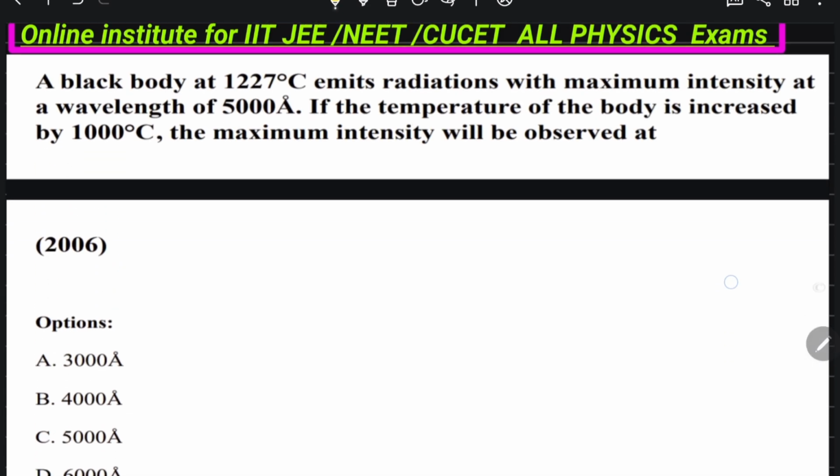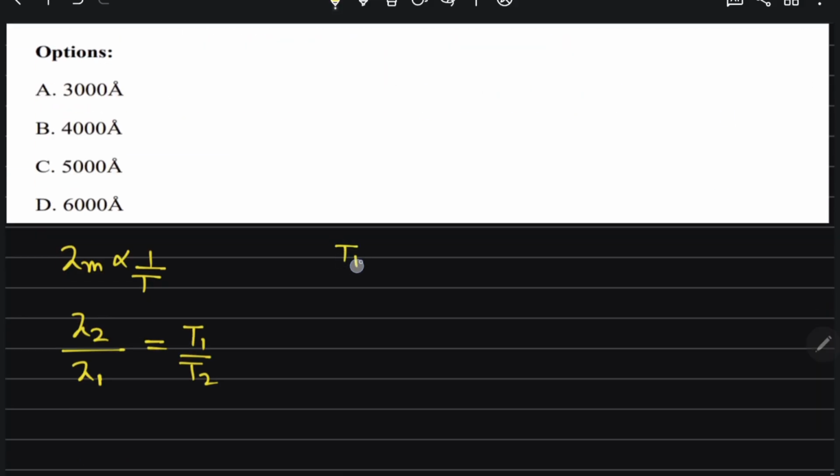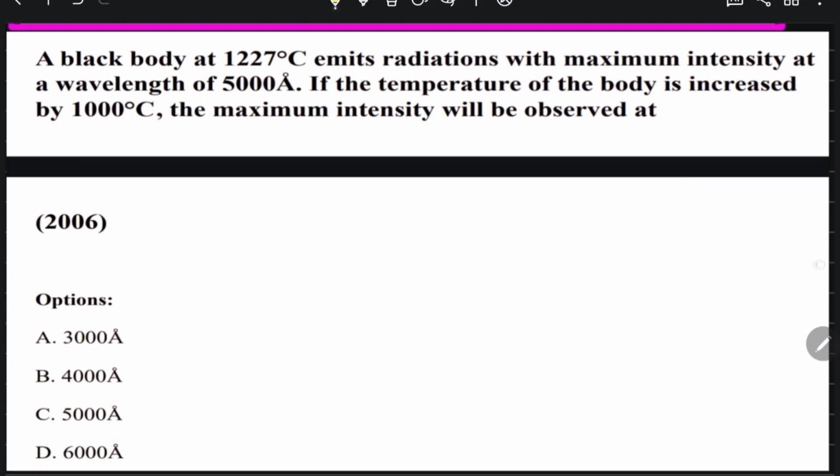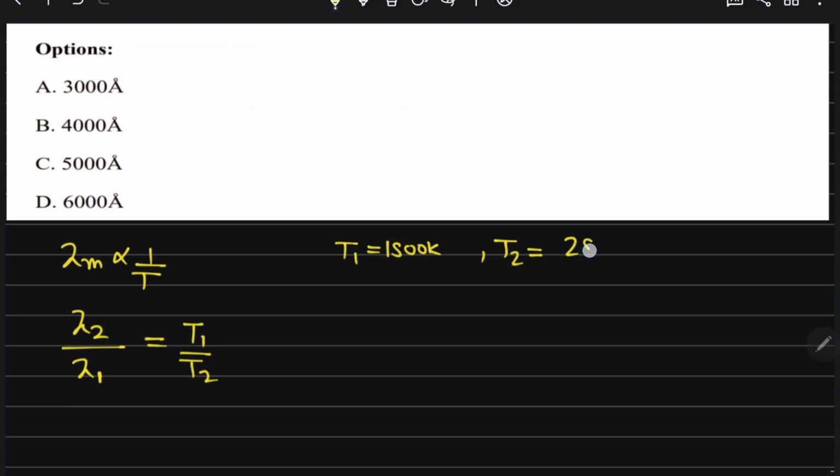T1 is 1500 Kelvin and T2 is 2500 Kelvin, so this comes out to be 3 by 5.